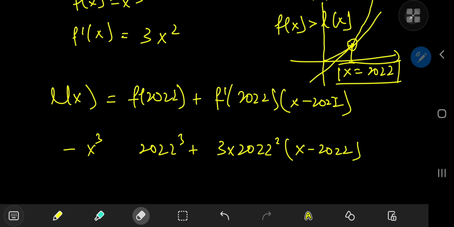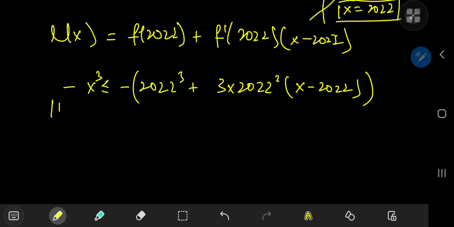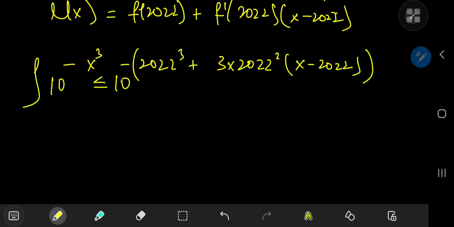Negative signs means that you have to reverse the inequality here. Raising it to 10 doesn't hurt the inequality. Alrighty then. And integrating these positive functions over a positive interval from 2022 to infinity doesn't hurt the inequality either.